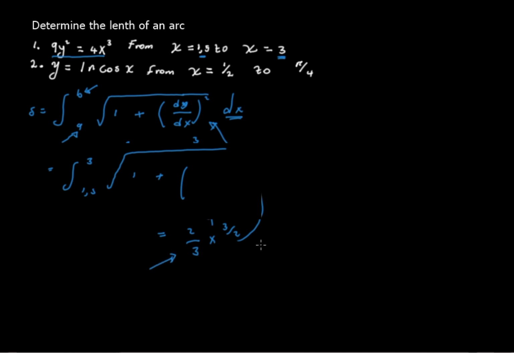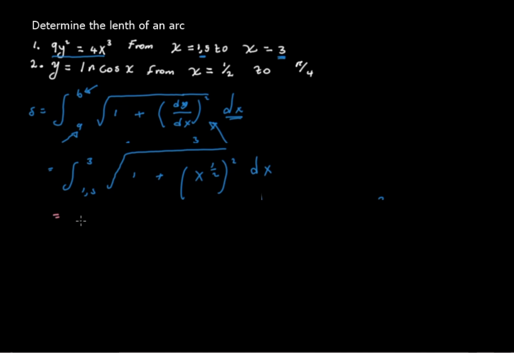The derivative would be given by 3 over 2 multiplied by the whole thing, which is 2 over 3 multiplied by x to the power of 3 over 2 minus 1, and the answer will be x to the power of 1 over 2, or the square root of x. So let's write x to the power of 1 over 2, and don't forget about that square over there.